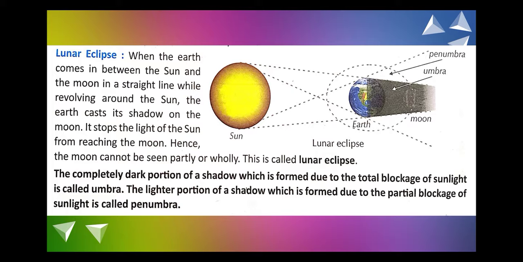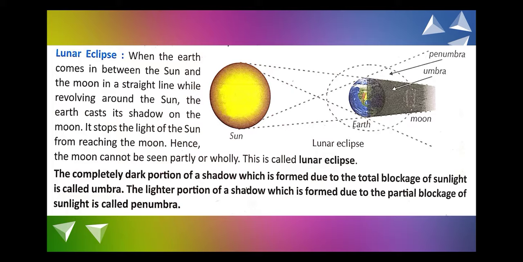The completely dark portion of a shadow which is formed due to the total blockage of sunlight is called umbra. You can see the diagram, the umbra region and the penumbra region. Umbra is the darkest region of the shadow, whereas penumbra is a lighter portion of the shadow.